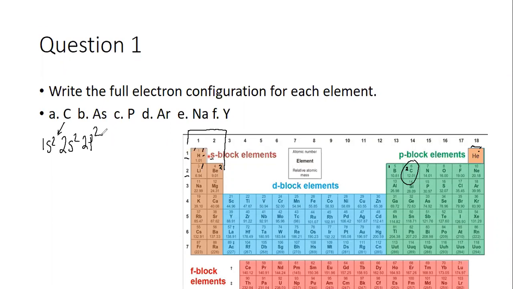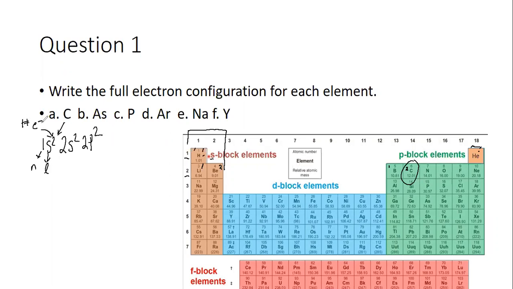And what these are telling us, again, is that the number in front tells us the energy level, so that's n. The letter is angular momentum, that's l. These numbers up here are the number of electrons.